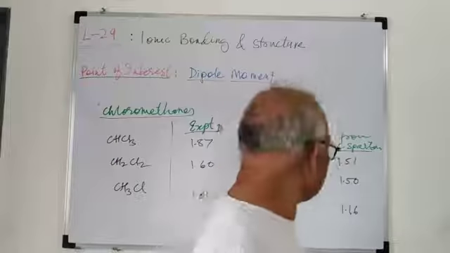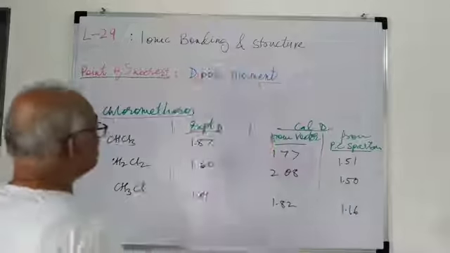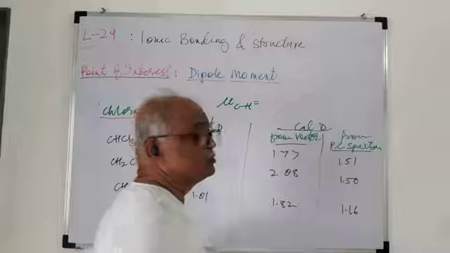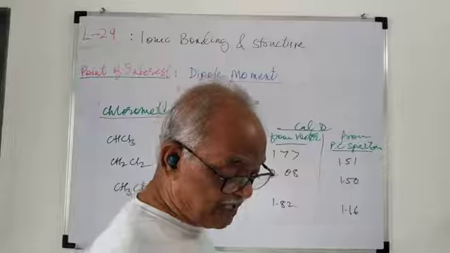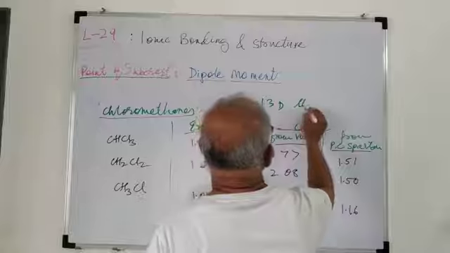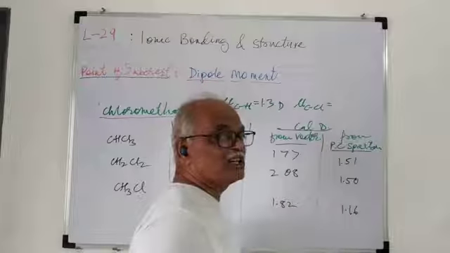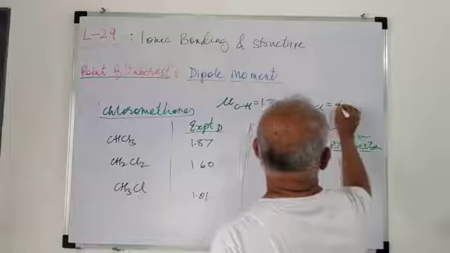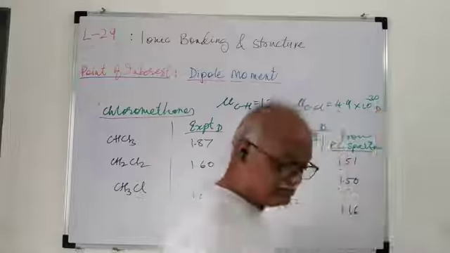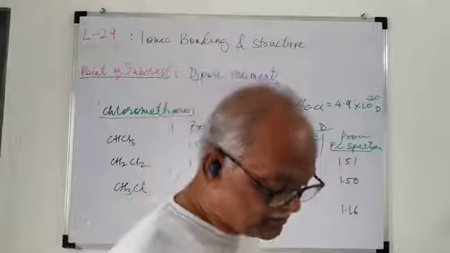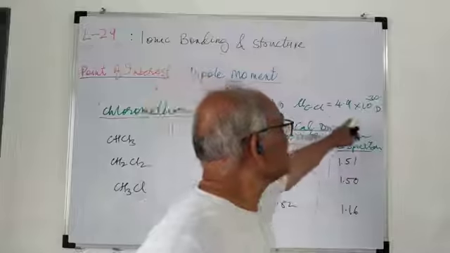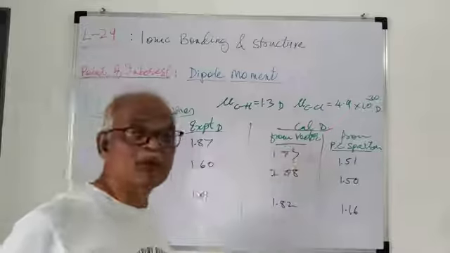In this calculation, the dipole moment used for the C-H bond is 1.3, and for the C-Cl bond it is much higher, 4.9 into 10 raised to minus 30 D. So these values are different, and they are usually used in the calculation for these methods.